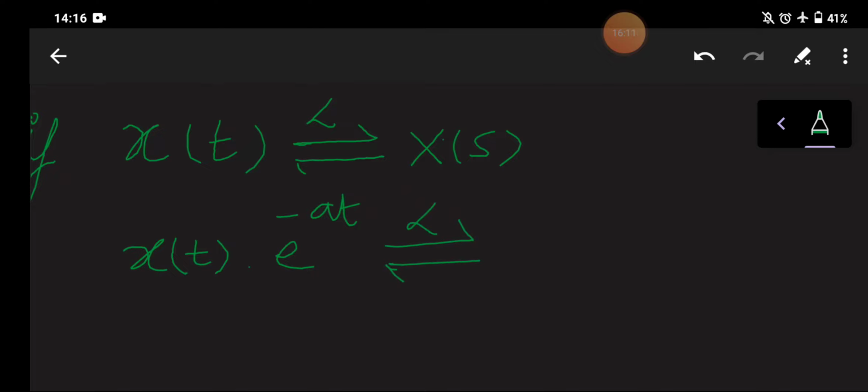The Laplace is X(s plus a). Okay, so this formula will be used to determine Laplace inverse.